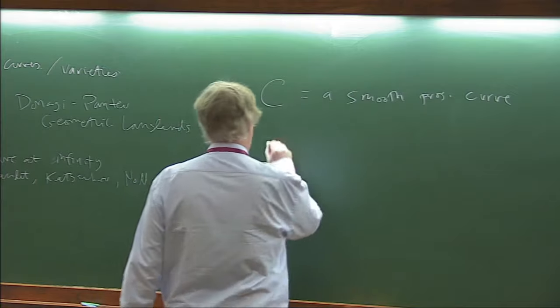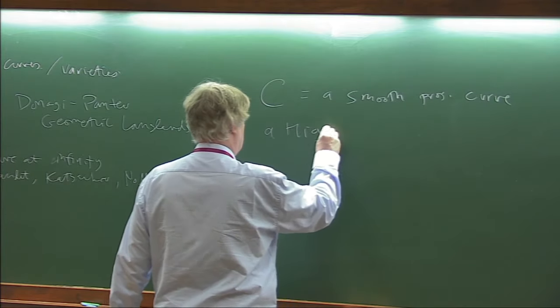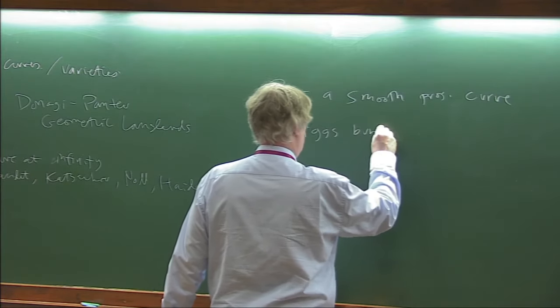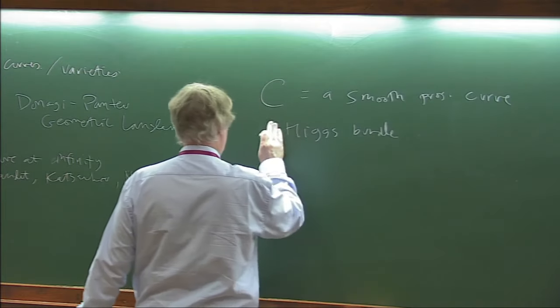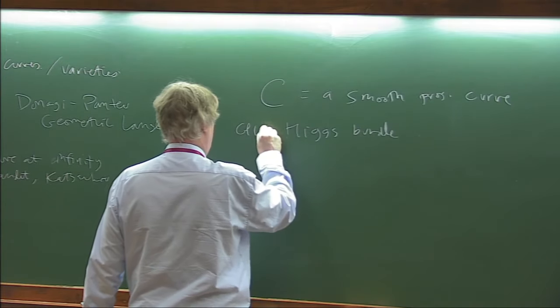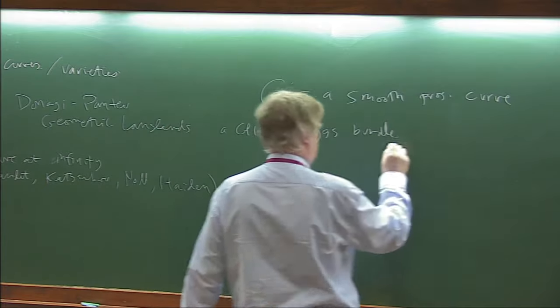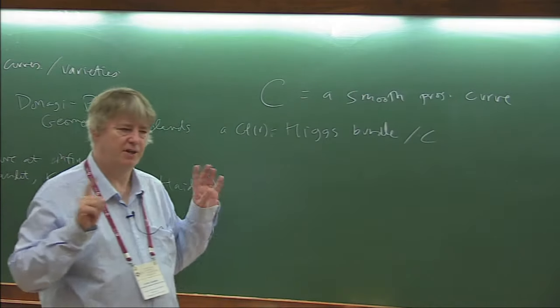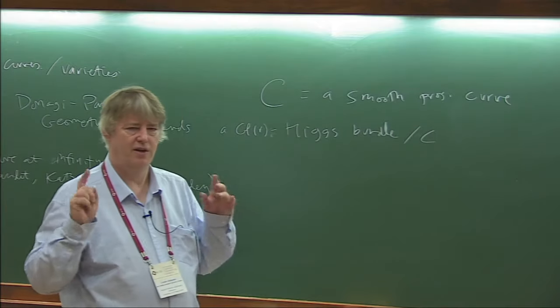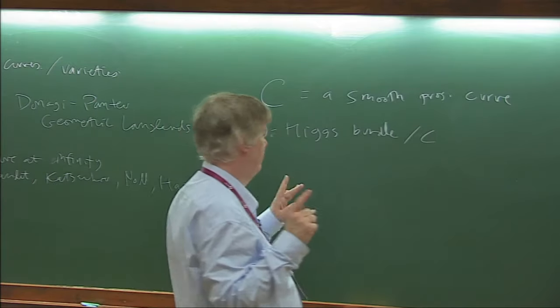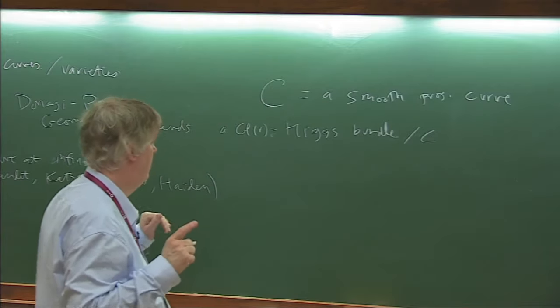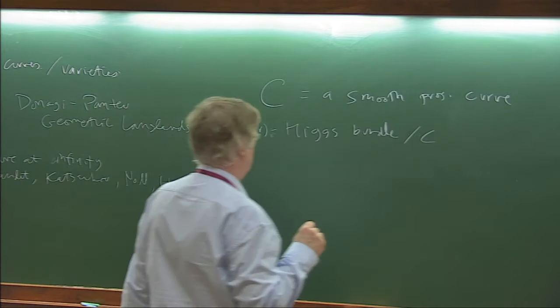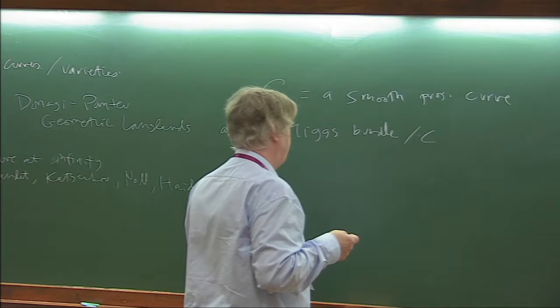So now a Higgs bundle, let's say a GL_r Higgs bundle over C. The theory of spectral curves is much simpler for GL_r, as many of you know. It becomes much more complicated in the case of principal bundles. Then you have to go to maybe cameral covers and stuff like that.